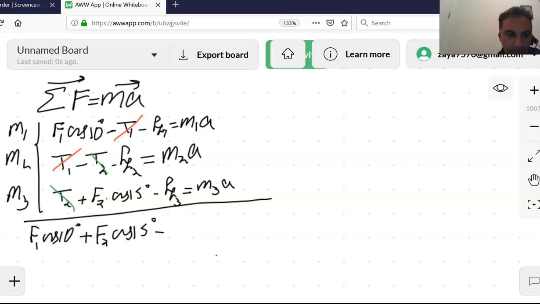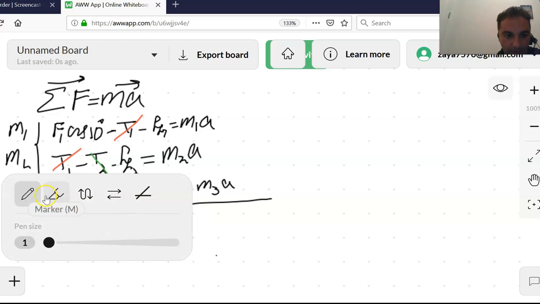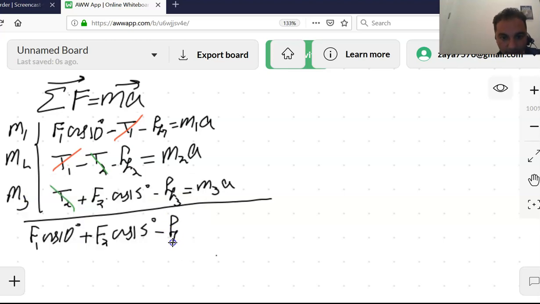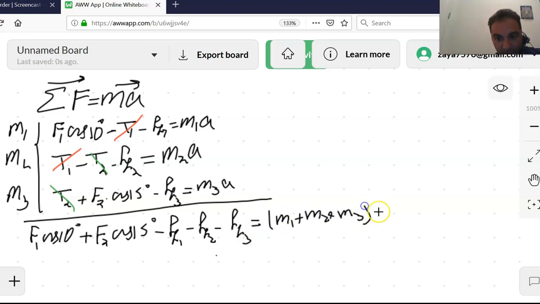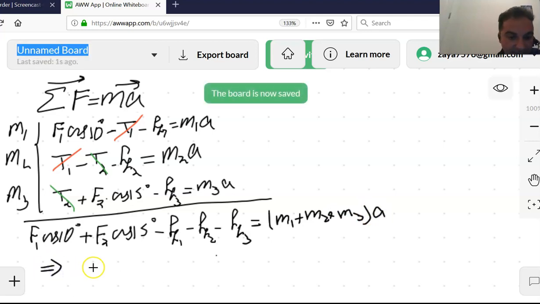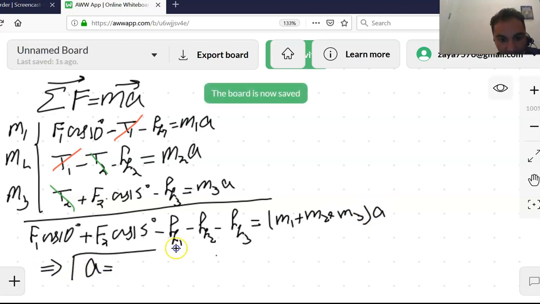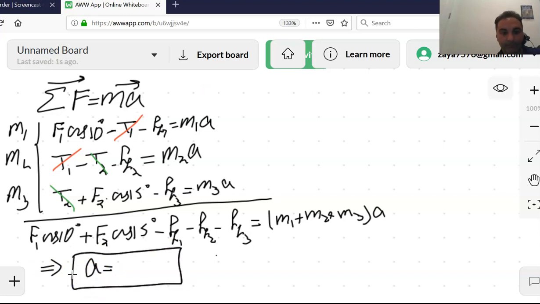FF1 minus FF2 minus FF3 equals, you can factor with acceleration. There you go. Now you have to substitute to find acceleration. That is your job, honestly. You have to do that. But let me see, maybe I can do it for you, no problem.